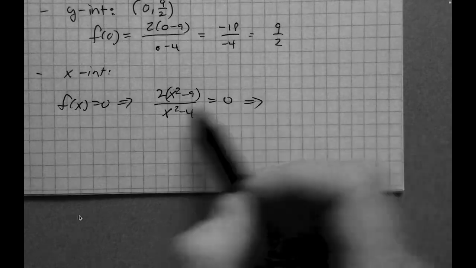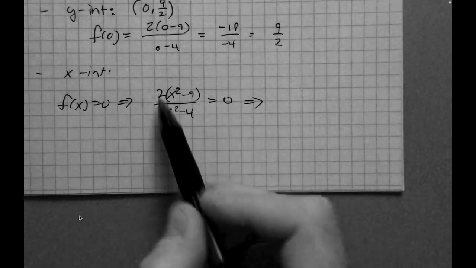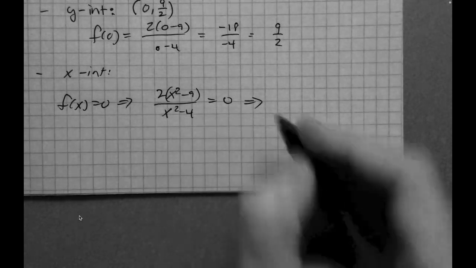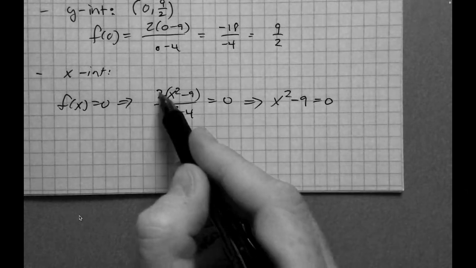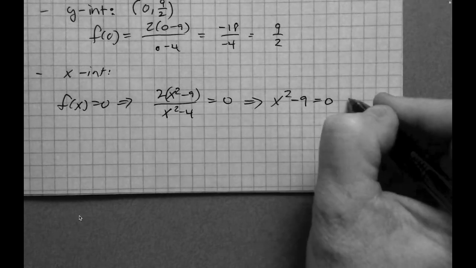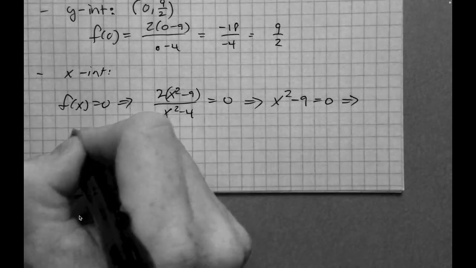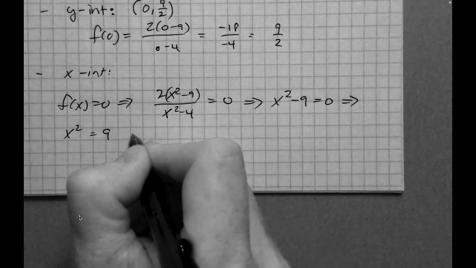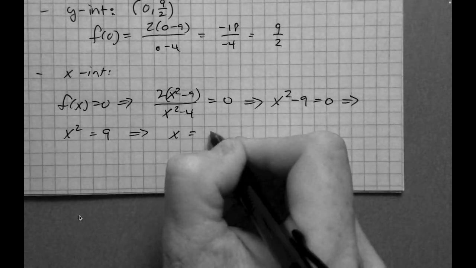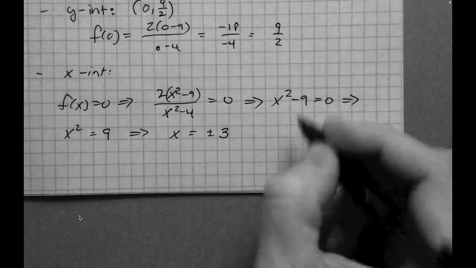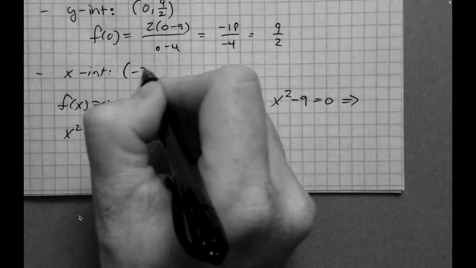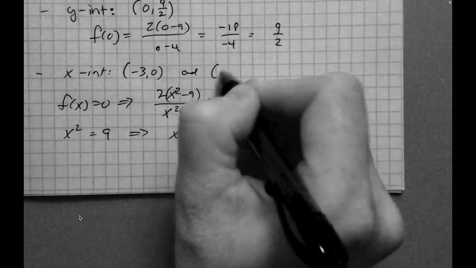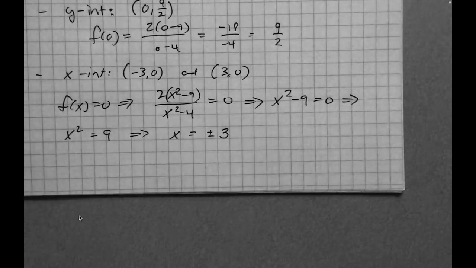We multiply both sides by x squared minus 4, and then divide both sides by 2, and you get to this. So basically these two pieces divide out. And so x squared equals 9. So x is equal to plus or minus 3. So you're going to have x-intercepts at -3, 0, and 3, 0. Okay, so again, this is an example where the x-intercepts are easy to find, worth doing.